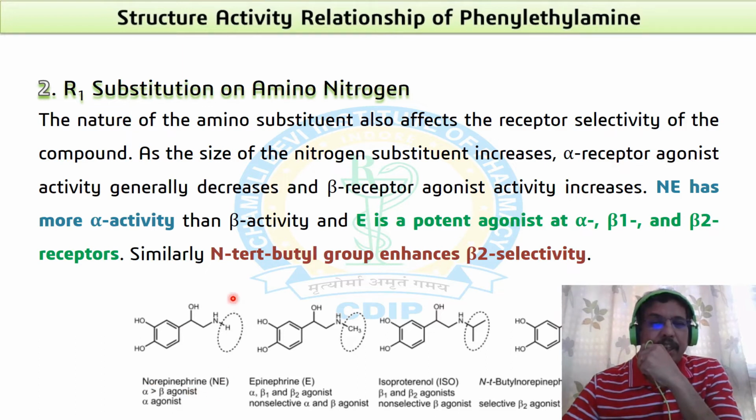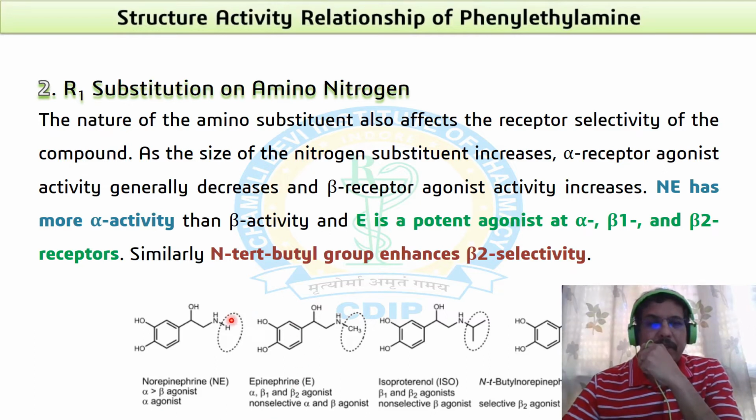Take norepinephrine, in which the R group is hydrogen. It has selectivity towards alpha as compared to beta, and definitely it is an alpha agonist or alpha-selective agonist.